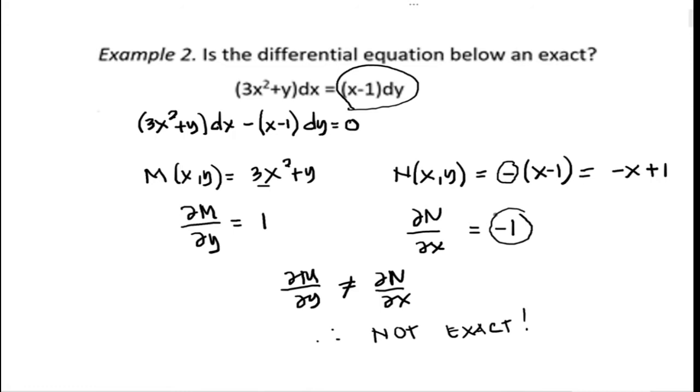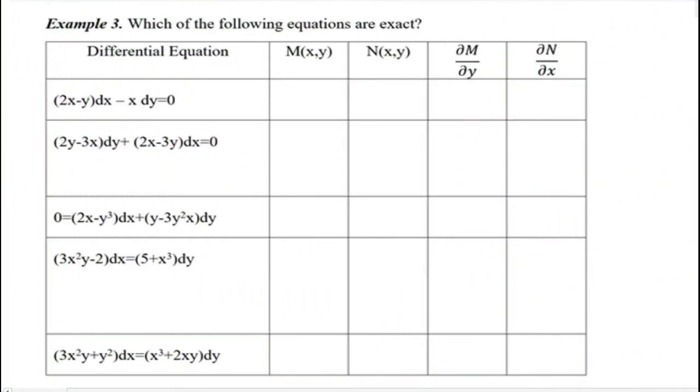As a reminder, we should always place our dx and the dy terms on one side. You can place it on the left side or on the right side, as long as the two are on one side. Let us have another example.